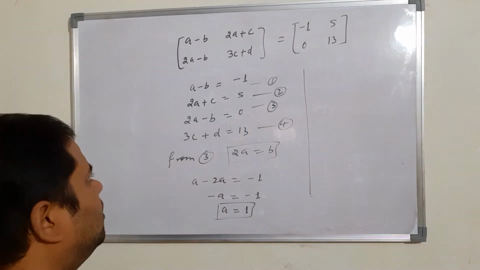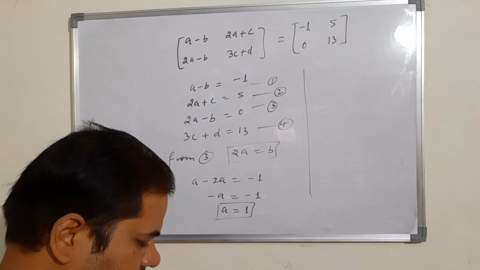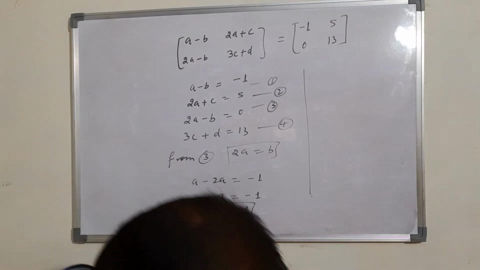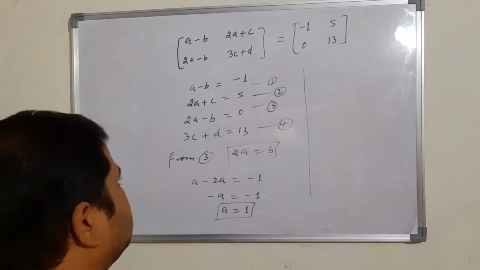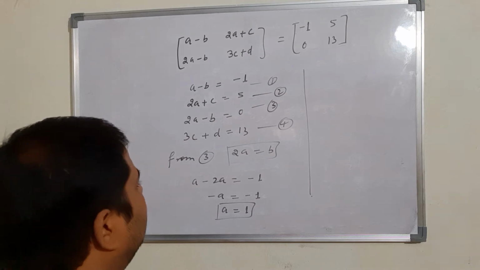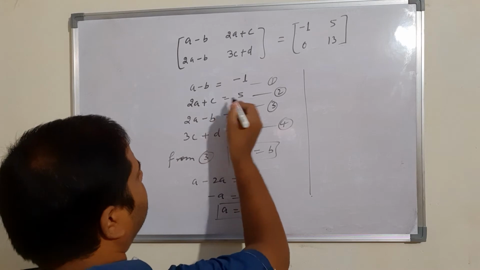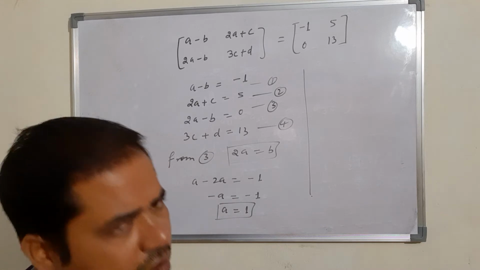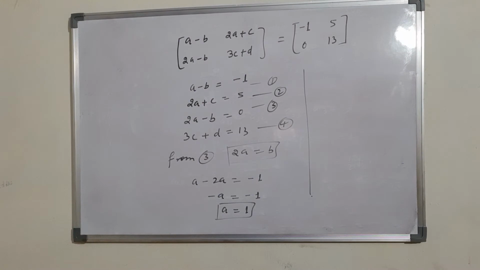So C is equal to 5 minus 2, that means C is equal to 3. Put the value of C in equation number 4 to get the value of D: 3 into 3 plus D is 13, so 9 plus D is 13, so D is equal to 4. In this manner you have to find the values of A, B, C and D.